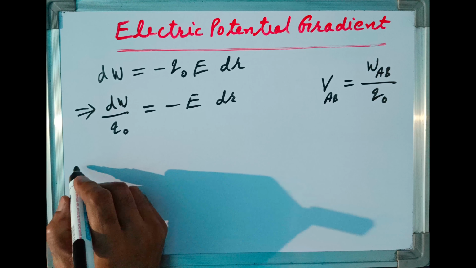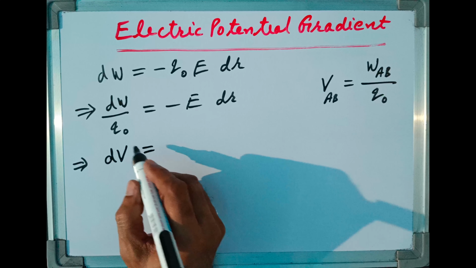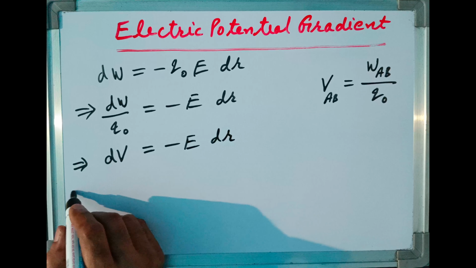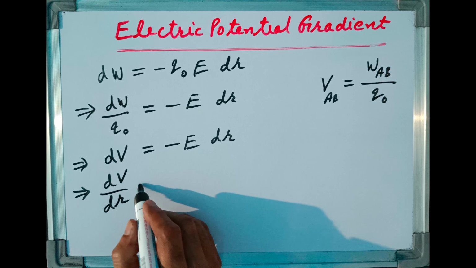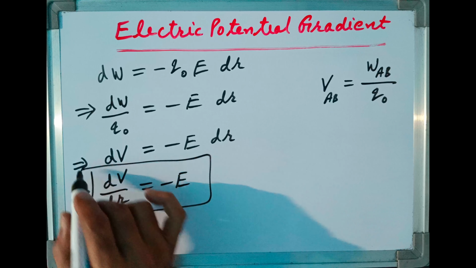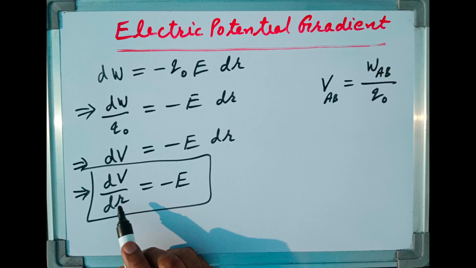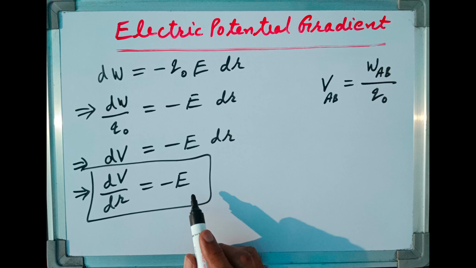Using this idea, I can write potential difference dV equal to minus E into dr. This will give us dV over dr equal to minus E, hence the required expression for potential gradient. So we can say potential gradient due to a source charge is equal to electric field due to the source charge at the point of observation.